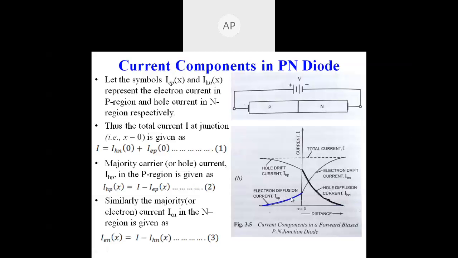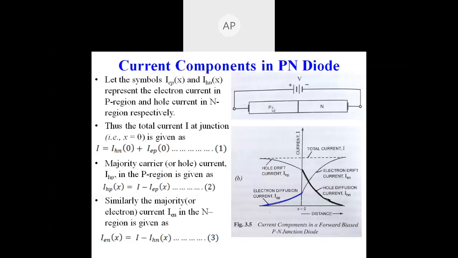The concentration gradient for the minority carriers in the P region is exponentially increasing, like this. Similarly, for the N region, the minority carriers are the holes, and these minority carriers change the potential gradient. It will be represented like this portion, exponentially decaying.